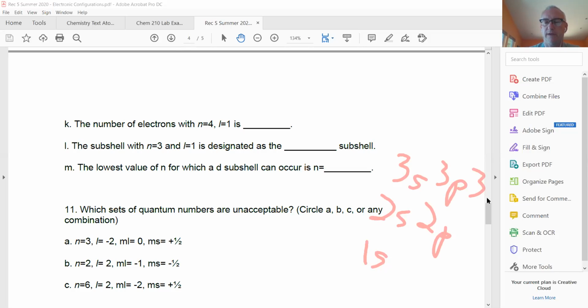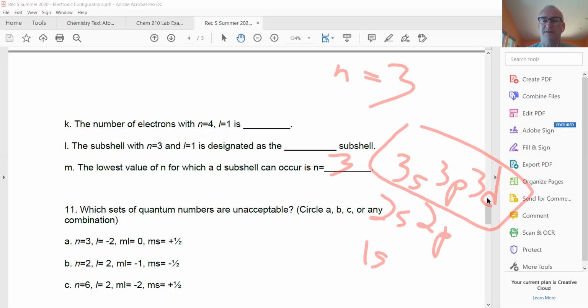D. Yeah, 3D. So the first time I see a D is when n equals 3. Then 4 has a D, and 5 has a D, and 6 has a D, and so on. But the first time we see a D show up is in level 3. Okay?